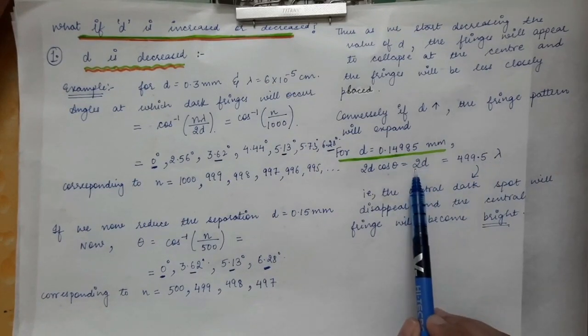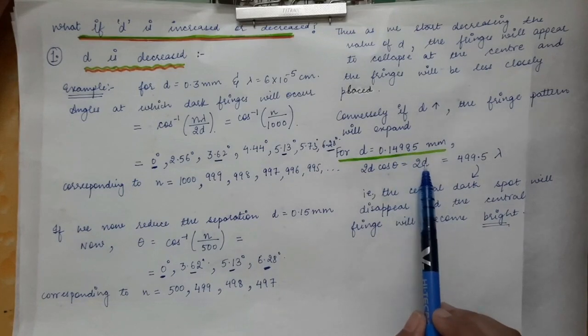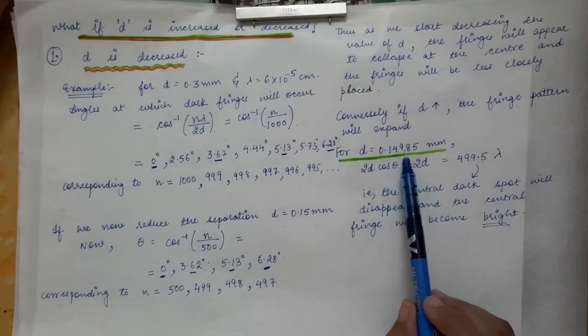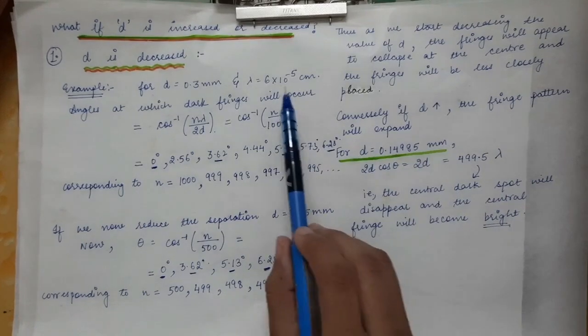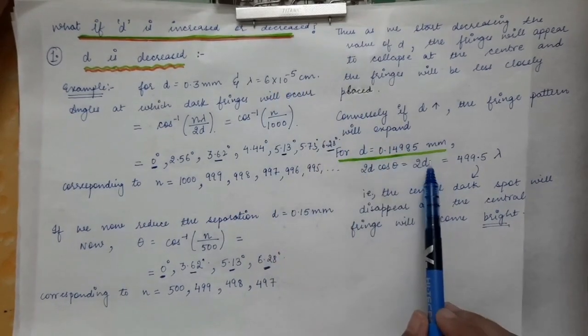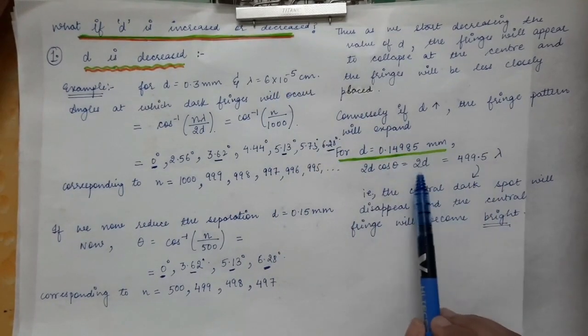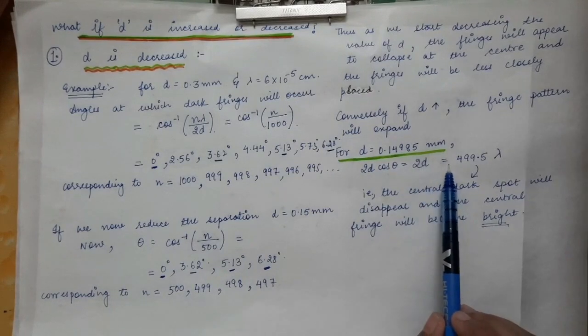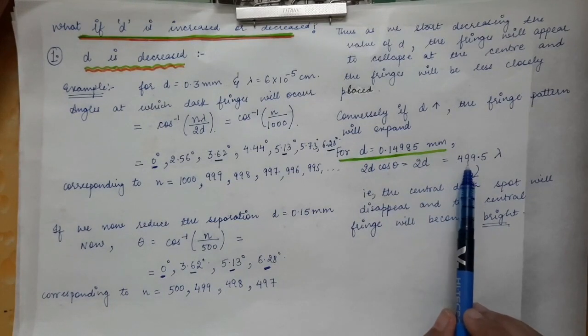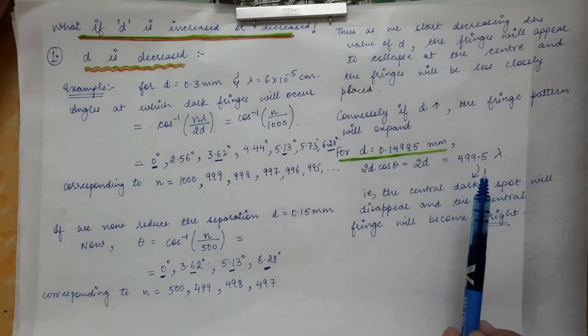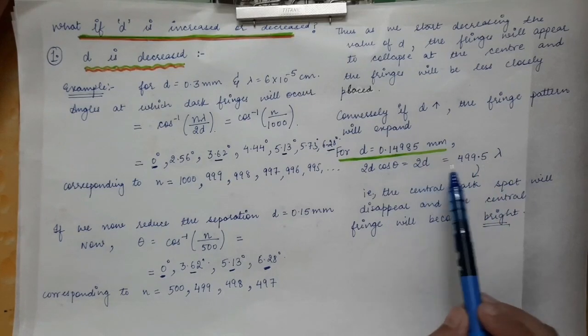So when you relate 2D with lambda, you will see that 2D is equal to 499.5 times lambda.